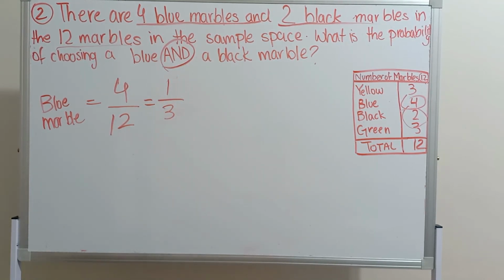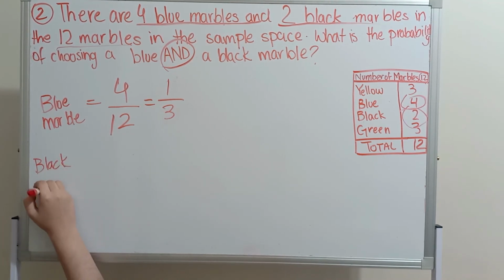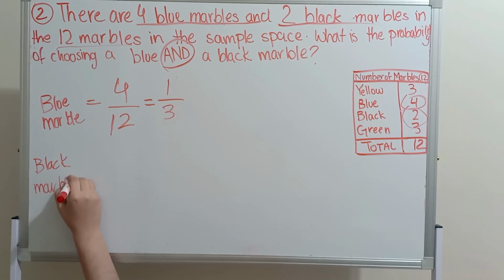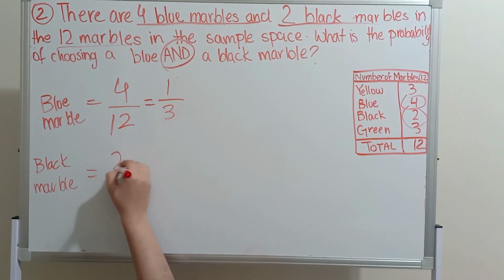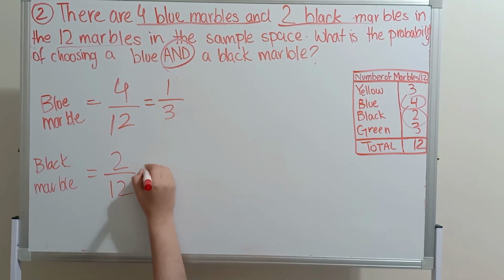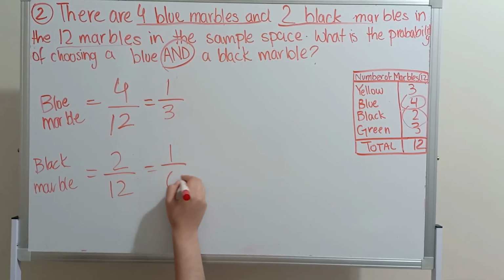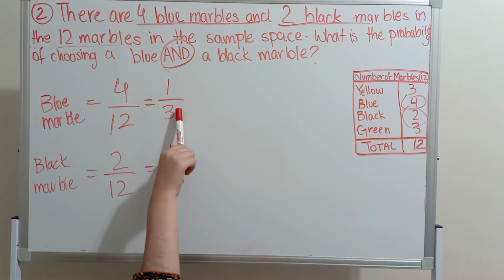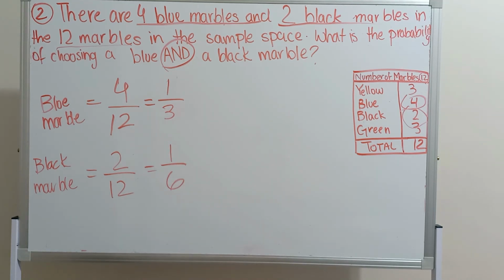Now we can look at the black marble. So here, we have 2 black marbles out of the total how many? 12. So if we simplify it, it's going to be 1 over 6. So this is the probability of choosing a black marble, and then the probability of choosing a blue marble.